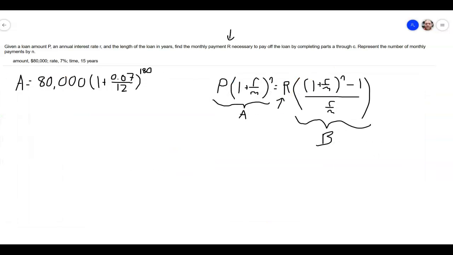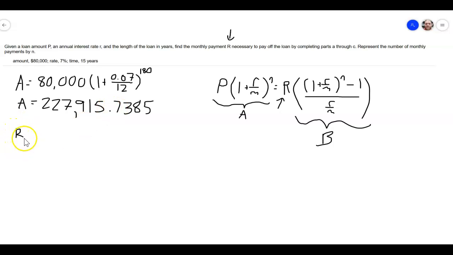So A is equal to 227,915. I'm going to go out a couple more decimal points than normal because we are in the middle of a formula. I only round when I get to the end of a formula.